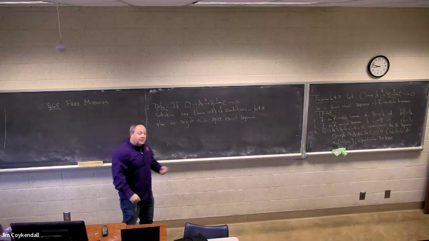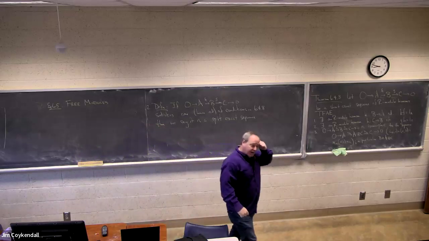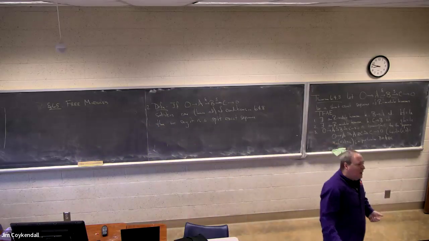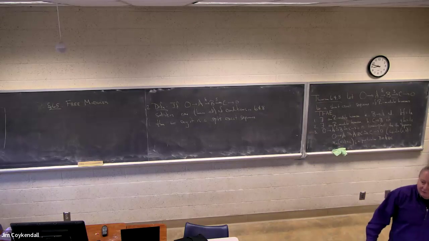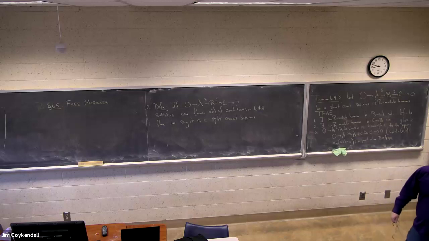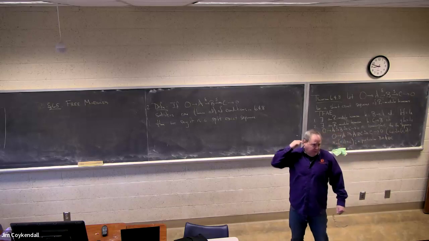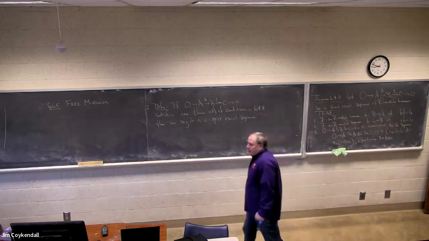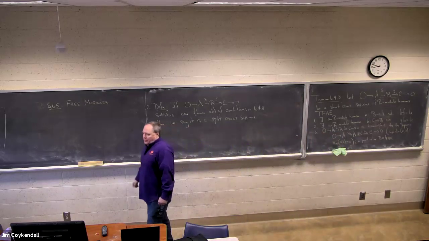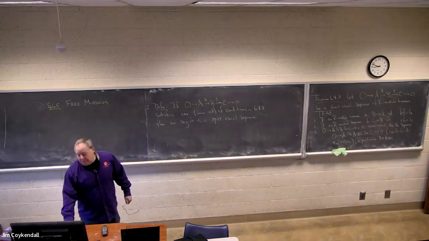One of my advertisements about modules early on, as I said, is that an R module is sort of like a vector space over a more general ring, right? So you don't have something as nice as a field, you have a module over it. But we've seen modules, for example, if your ring is a pretty nice ring, like the integers, then every abelian group is a module over it.